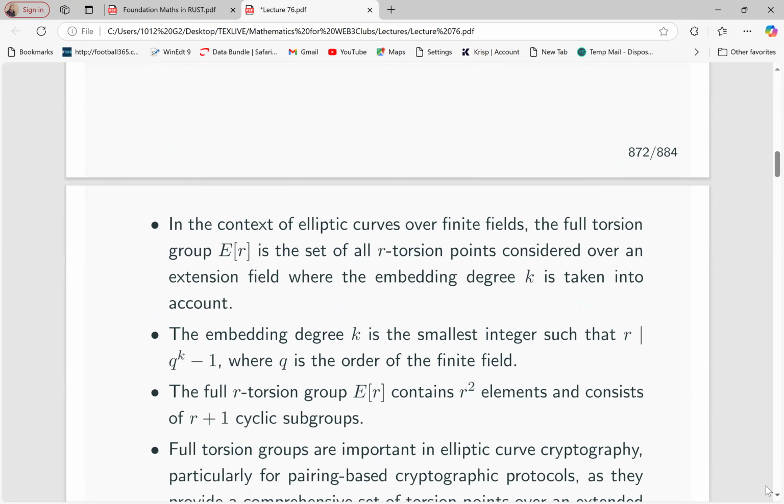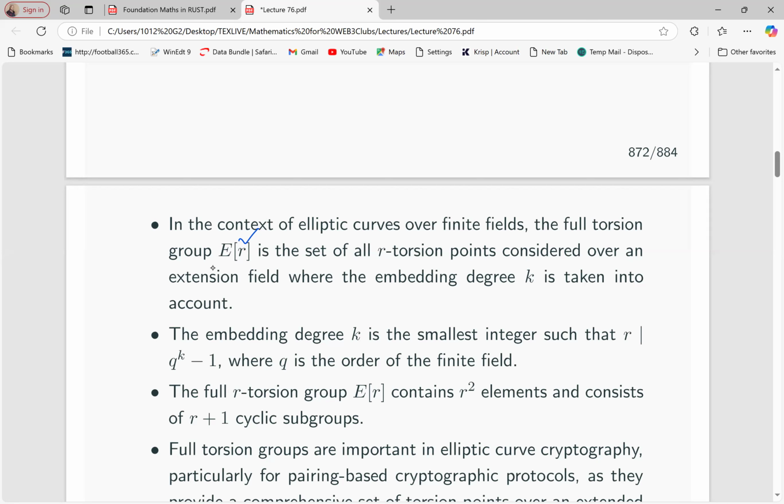Now, so we talked of torsion. Last time we talked about the embedding degree when we introduced bilinear pairing. That was in the other lesson. That therefore brings us to the point of r-torsion. For r-torsion, we will first of all find the bilinear pairing and then the embedding degree.